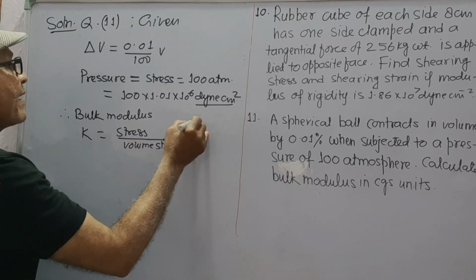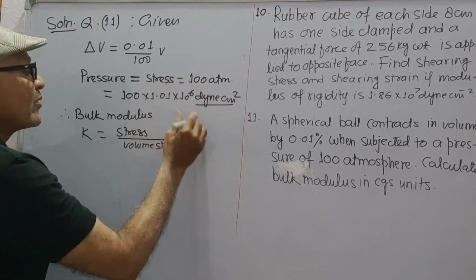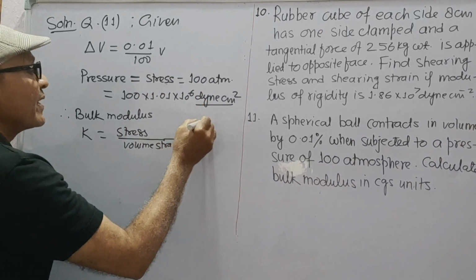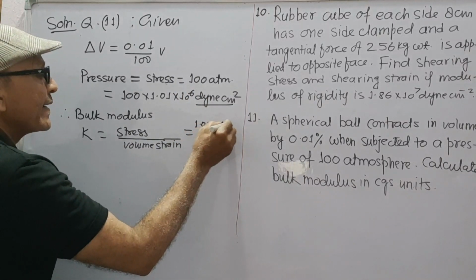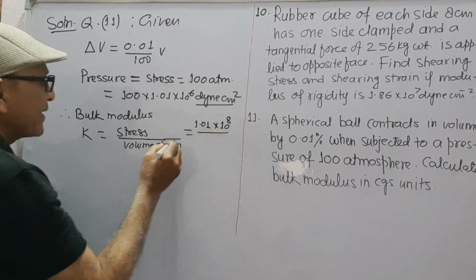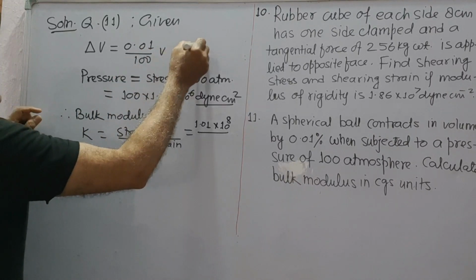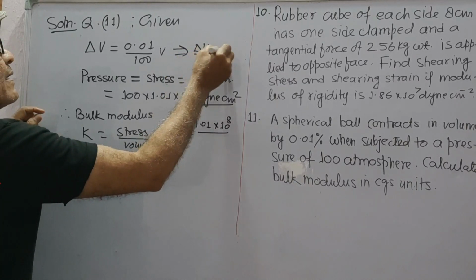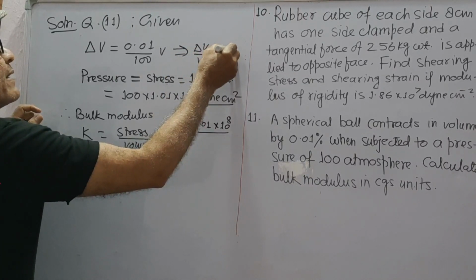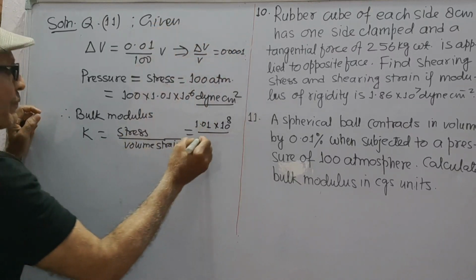Stress is 1.01 into 10 to power 8. Volume strain is delta V upon V, which is 0.0001 from here.